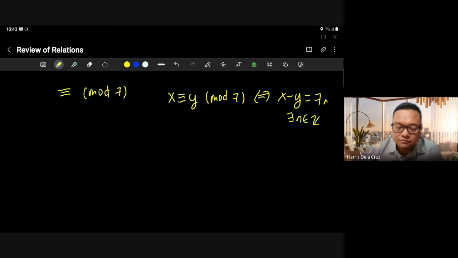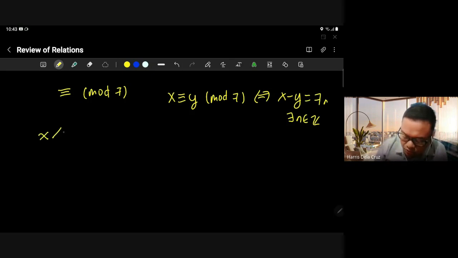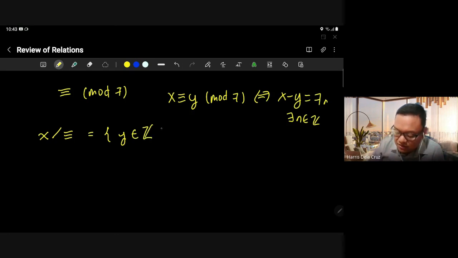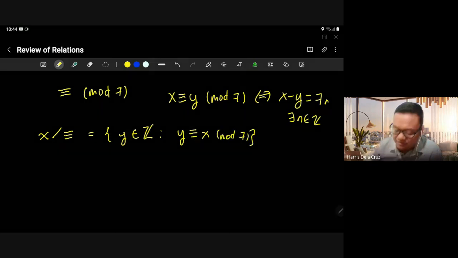Okay? So kung mapapansin natin, ano yung ibig sabihin ng x over the modulo relation? Ito yung set containing lahat ng y doon sa integer set natin such that si y ay congruent kay x modulo 7. Okay?